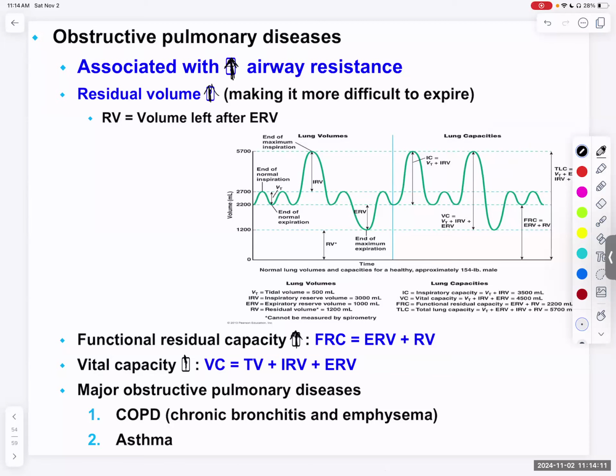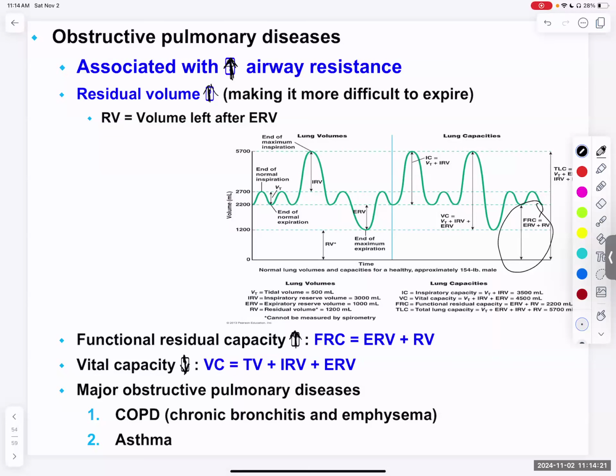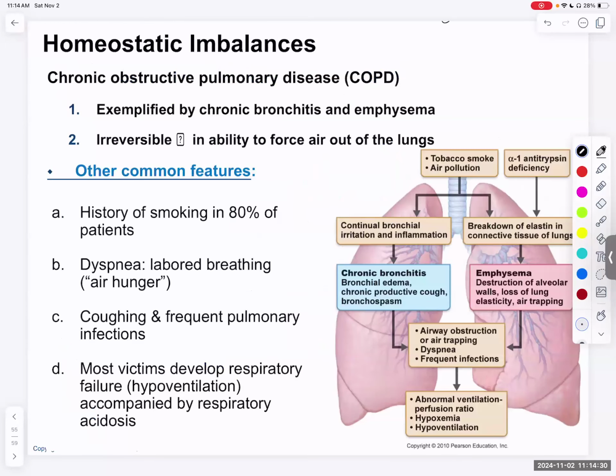This kind of forces vital capacity to go down. And so because of this, this right here gets bigger, and you have less of a vital capacity. This is like COPD, asthma, other factors.